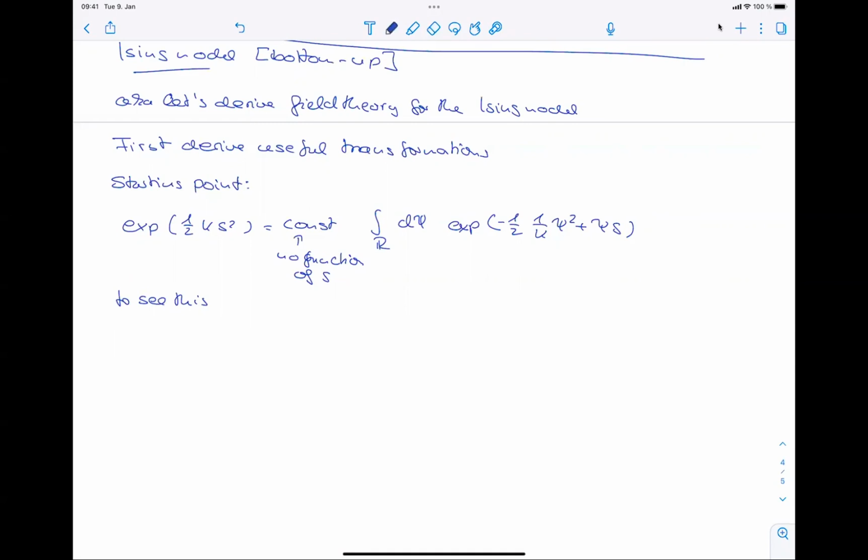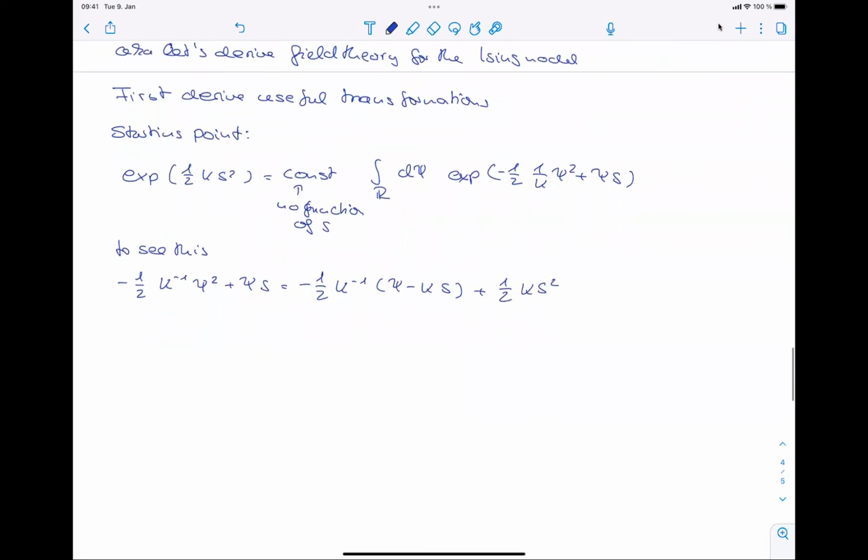In the exponent, what we have there is minus a half k inverse psi squared plus psi s, which I can also write as minus a half k inverse times psi minus k s squared, plus a half k s squared.